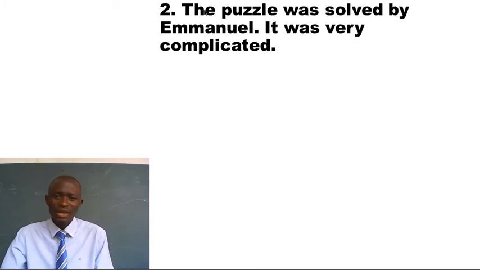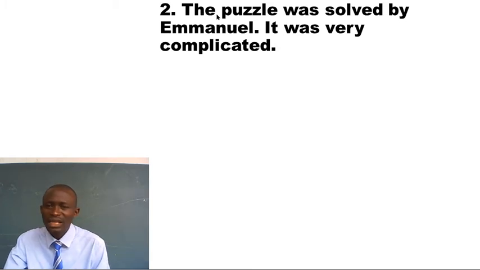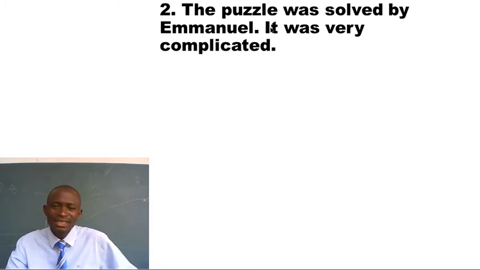So you realize that we have the subject and the object, the puzzle. After identifying the object, go to the next relative clause and join it with the relative pronoun given, which. And remember that which will replace the relative pronoun, whatever relative pronoun we're going to get there. It will be replaced by the given conjunction.